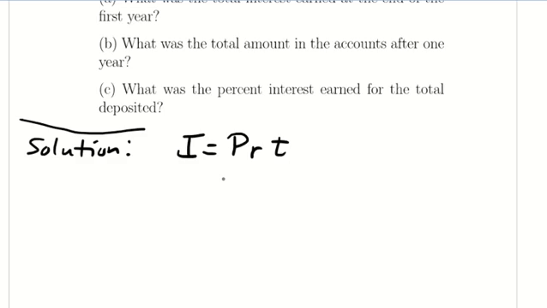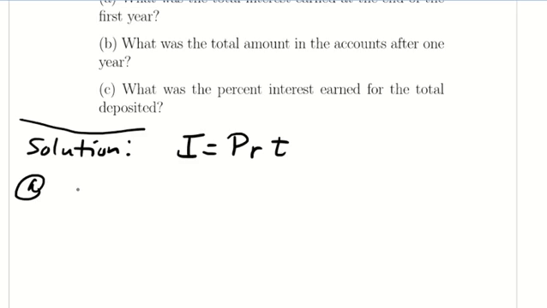So the amount of interest is the amount invested, so called the principal, times the annual rate times the number of years. Later on, we're going to use this idea and expand on it to get what's called compound interest formulas, but that'll be at the end of the semester probably.